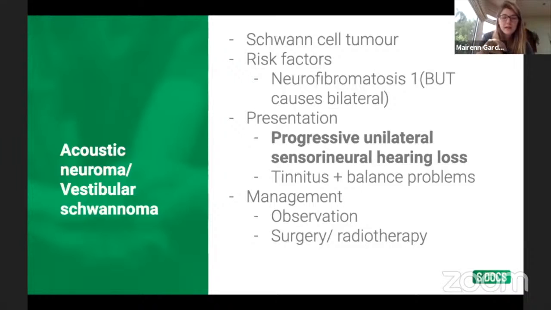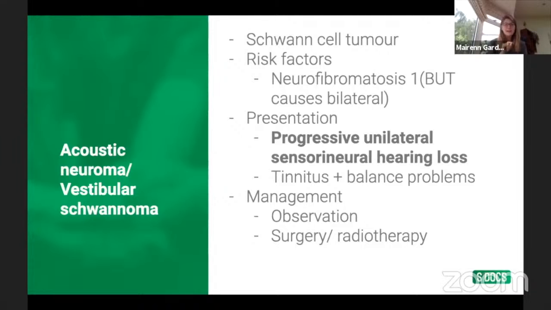Because of this slow-growing nature, often these patients will present with quite progressive, slow, gradual loss of hearing, and then also present with tinnitus and balance problems. It tends to be unilateral, and a kind of buzzword: anyone with unilateral progressive sensorineural hearing loss, you need to think about acoustic neuroma.